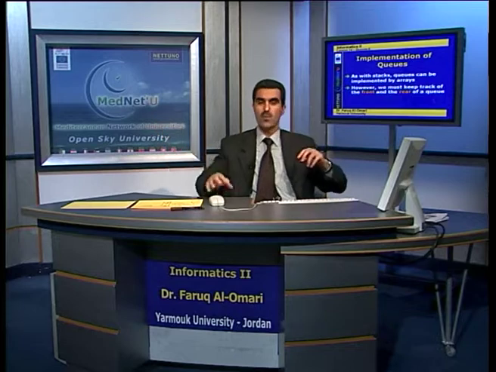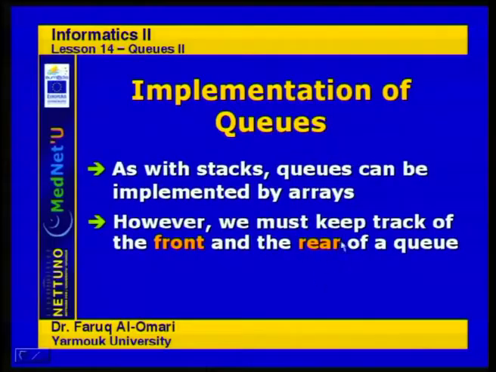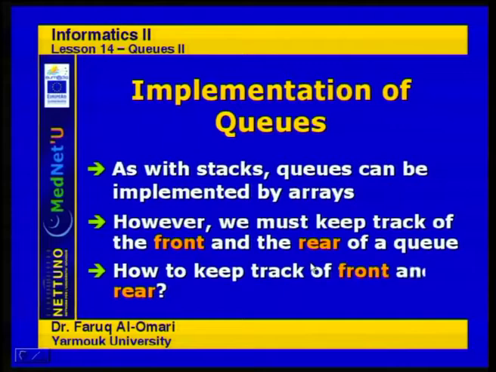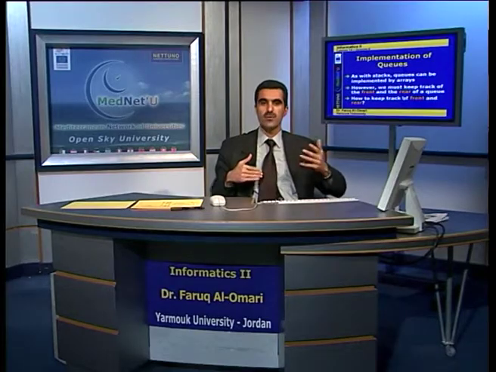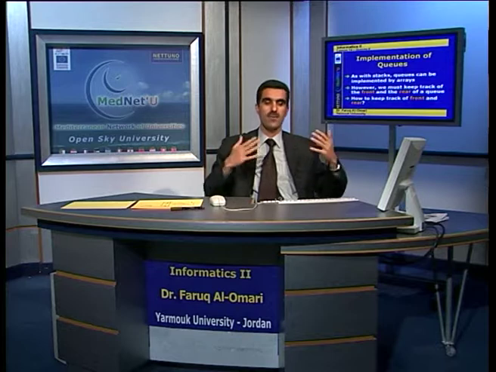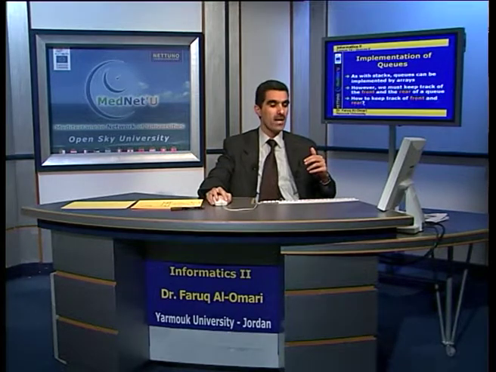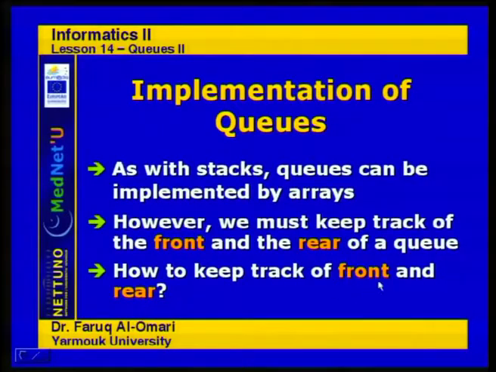For that, we have to have two pointers always, one pointing to the top of the line, and one pointing to the rear, the end of the line. That's where I serve, and that's where I add new entries. The question is how to keep track of these two different indices, since they are pointing to two different things, and some of the functions work on this and some other functions work on this pointer.